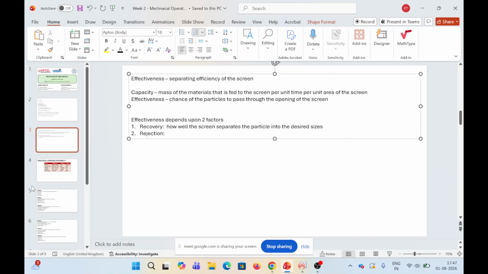Whereas in rejection, it is basically about how little amount of material or little amount of particles of sizes other than the desired size is going to remain present.